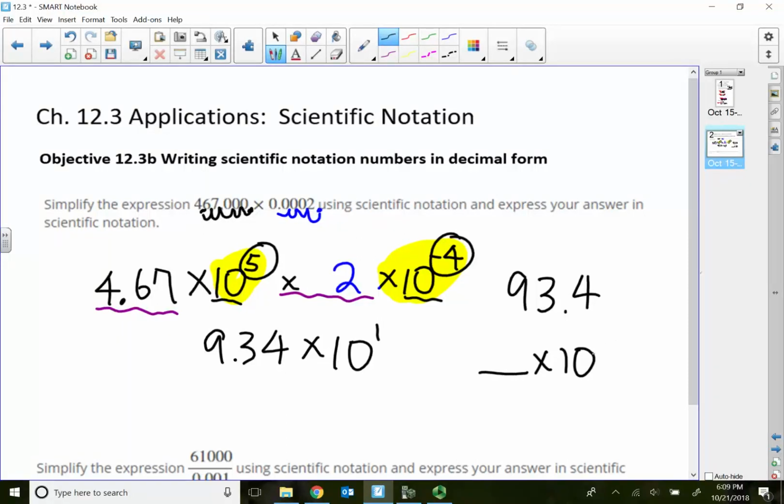My exponent has to be positive because 93.4 is bigger than 1. So my decimal has to be moved between the 9 and 3 to keep the number in front of times 10 between 1 and 10. If I only move one place, my exponent will be 1. So this gives me the same answer.